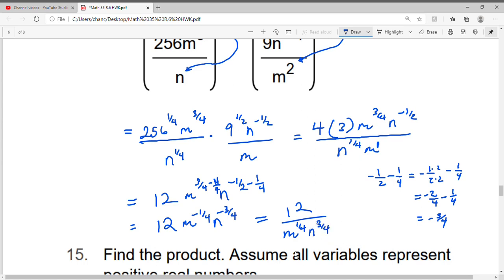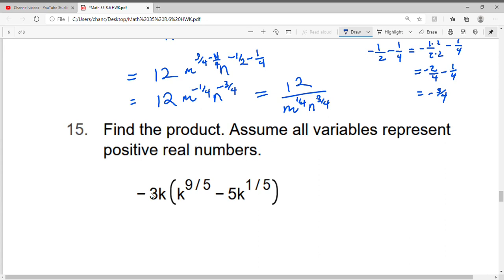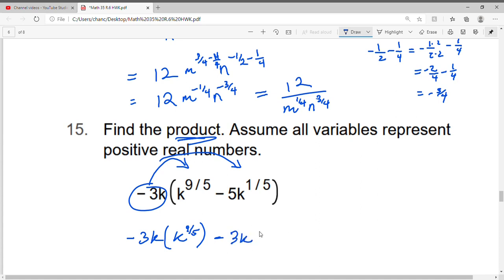For question 15, we have negative 3k in the front and we want to find the product. So let's distribute that. We have negative 3k times k to the 9/5, minus, we have negative 3k times negative 5k to the 1/5.